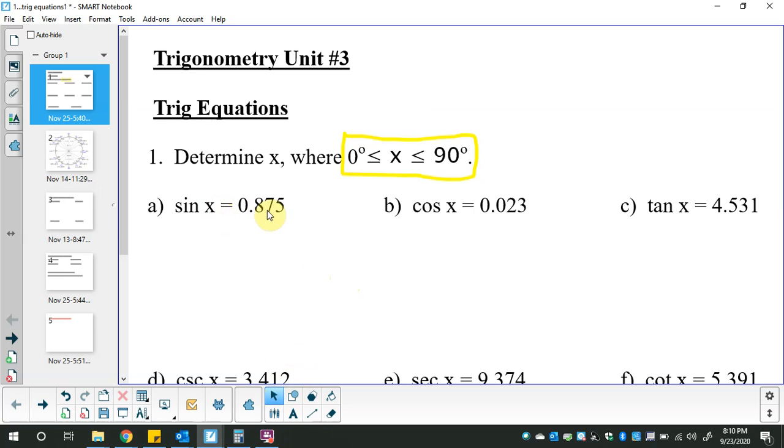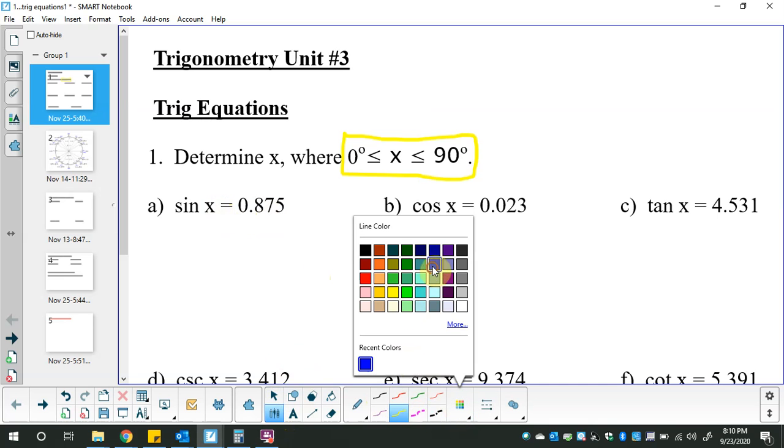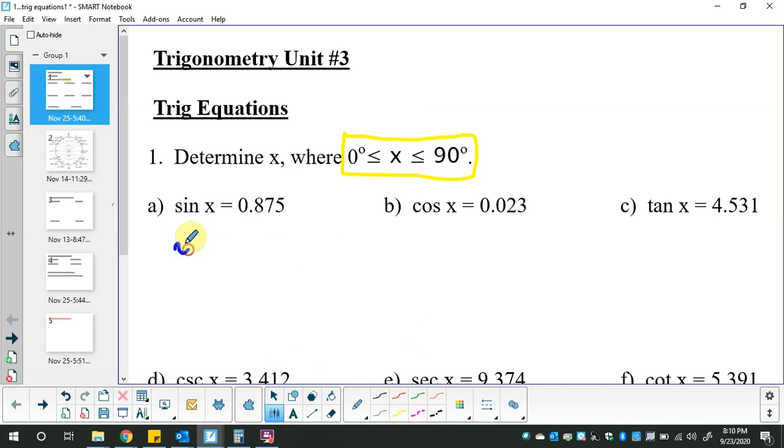So with this question, what I want you to be able to do is to do the sine inverse of this. So basically, I've given you the O over H decimal version, and you're trying to figure out how big the angle is for that triangle.